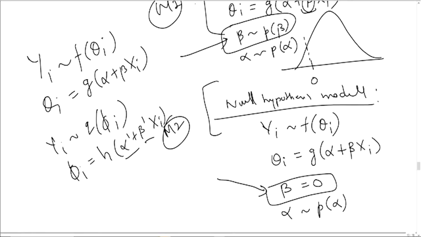So when you would want to compare model 1 with model 2 using Bayes factors, you will need to take into account prior assumptions on all these 4 parameters. So if you're trying 5 different prior assumptions on each parameter, then you will have to take into account 5 times 5 times 5 times 5 prior assumptions.